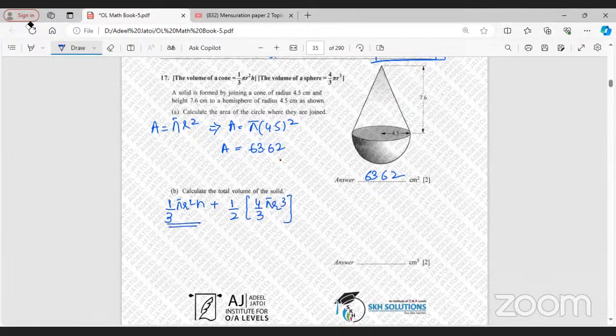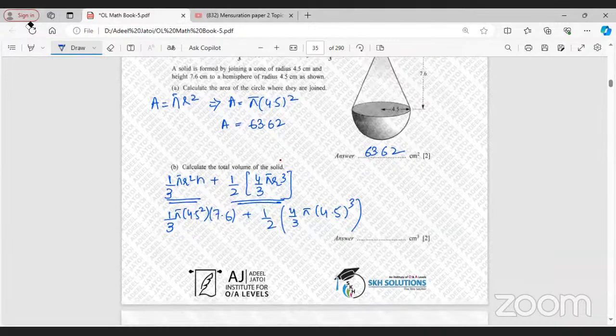This is the volume of the cone. This is the volume of the hemisphere. 1 upon 3 pi 4.5 square and the h is 7.6, plus 1 upon 2 times 4 upon 3 pi 4.5 cube. So when we solve this in the calculator, we end up having the answer as 352.